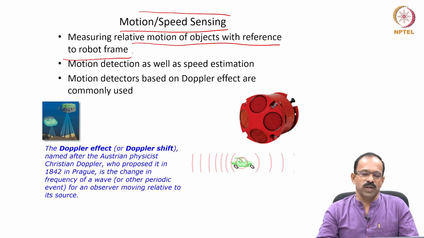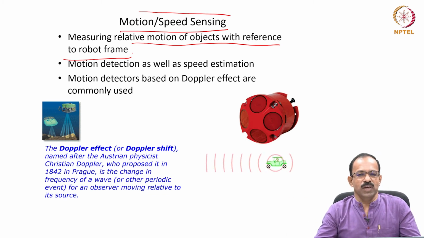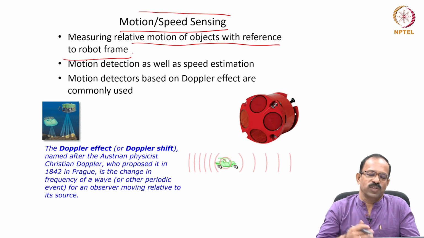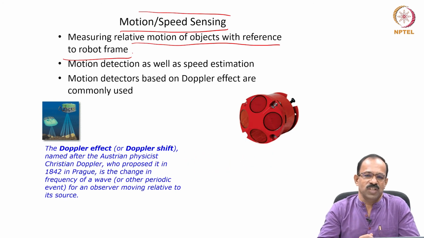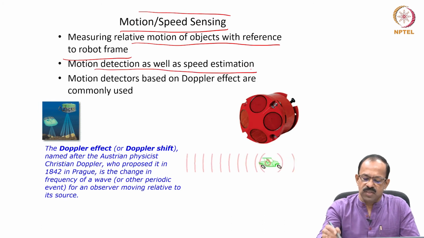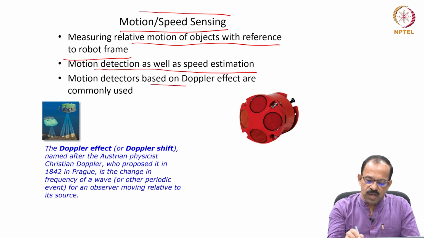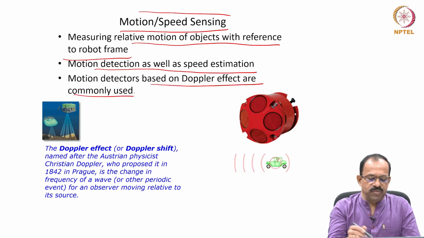We want to know the relative motion between the robot and the environmental object. If we can identify the relative motion, then we know the speed at which the robot is moving. So, here you can have motion detection as well as speed estimation. And many times we use sensors based on the Doppler effect.